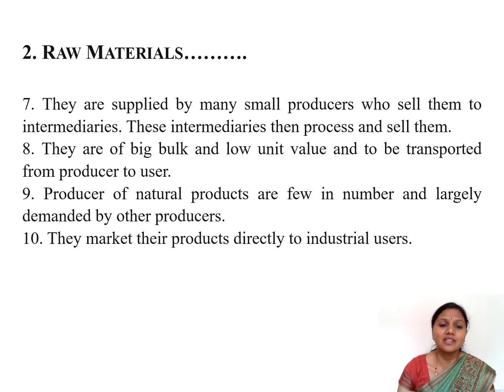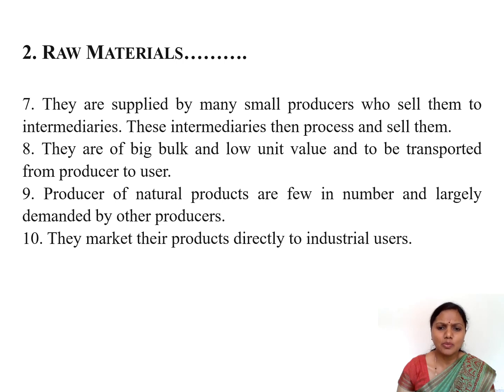That is, whether it is a natural product or an agricultural product, it will be transported to the industries in big bulks, in loads of lorries, and supplied to the industries.